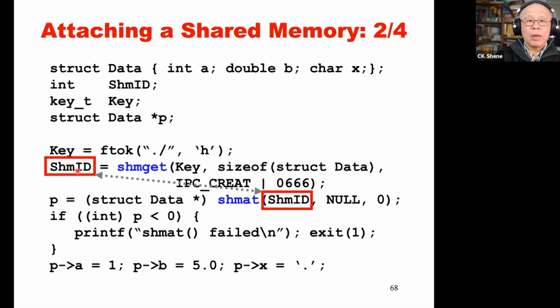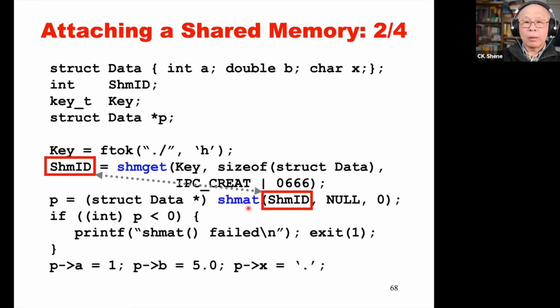So after getting a shared memory ID, we have to attach the shared memory into the address space. So we call shared memory attach. The first argument is the shared memory ID, followed by null, followed by 0. Now, the returned pointer from shared memory attach is a void pointer. A void pointer is usually used like a placeholder.